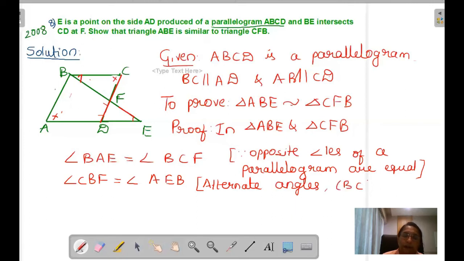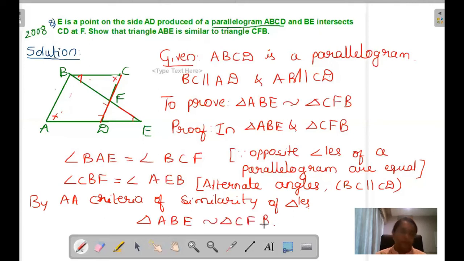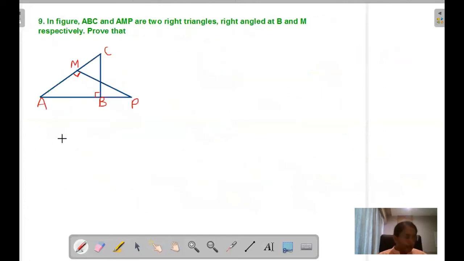By AA criteria of similarity of triangles, triangle ABE is similar to triangle CFB. Okay, so this is very simple. Always observe two angles to be equal.